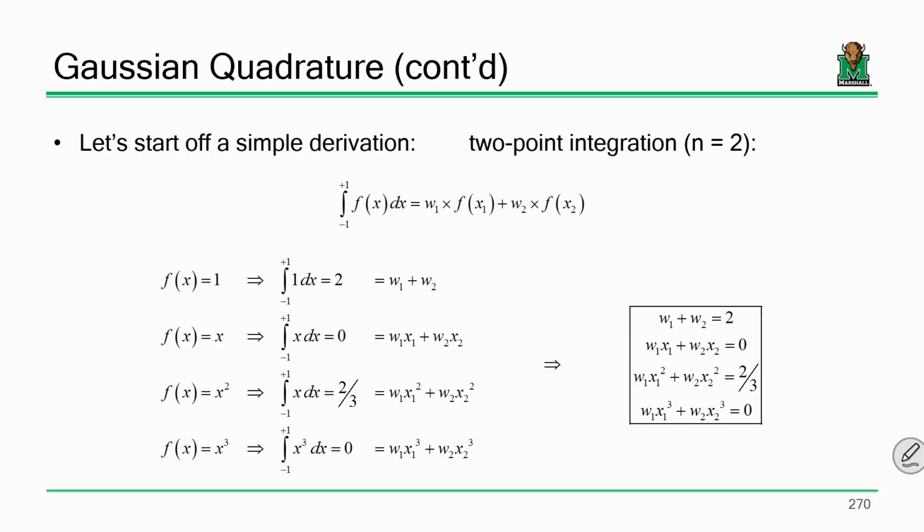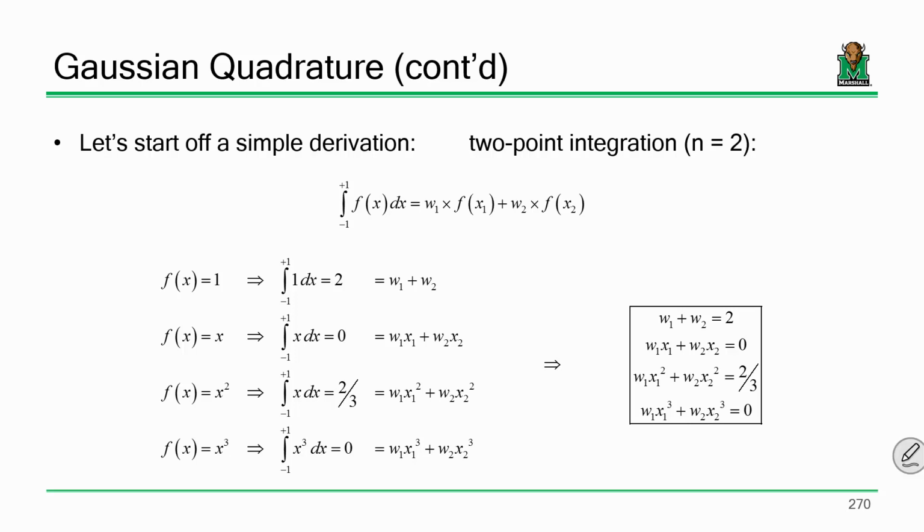Now, let's start off with a simple derivation. If I integrate 1 from -1 to +1, I get 2. How do I do that with a Gauss scheme? I take the weight times the function plus the weight times the function, 2-point integration. What about x? The weight times the function. x squared, weight times the function.